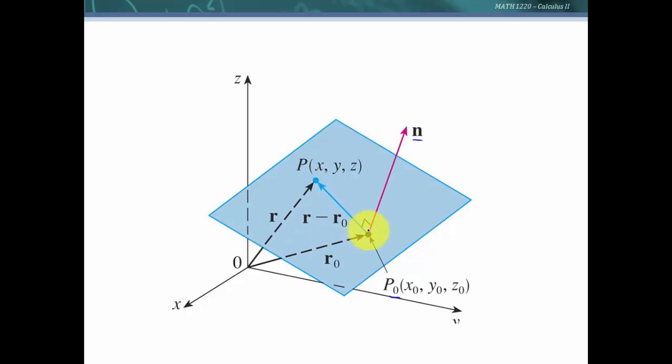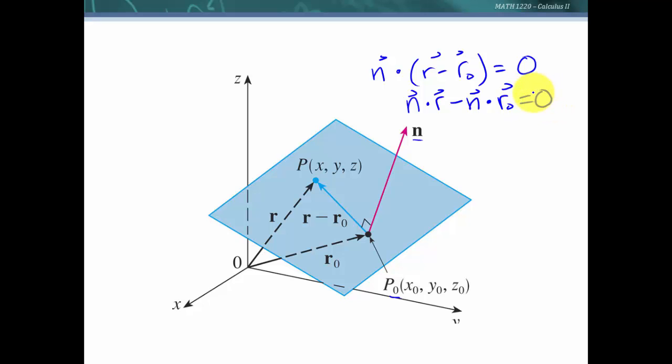Now this vector needs to be normal or orthogonal to this vector here, and so how do we know that two vectors are orthogonal? We know if we dot them. So if I took n dot r minus r naught, that would need to equal 0. Using properties of the dot product, we can distribute this through, so this equals n dot r minus n dot r naught, and that would need to equal 0.